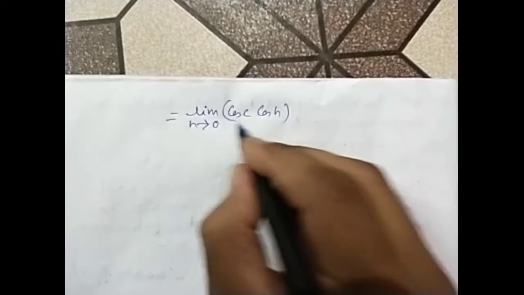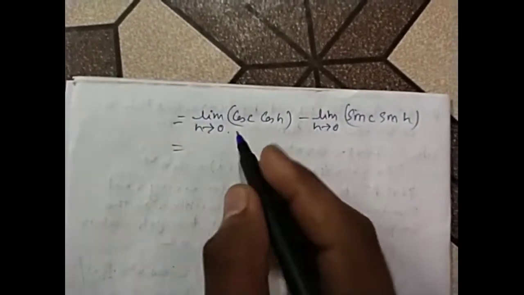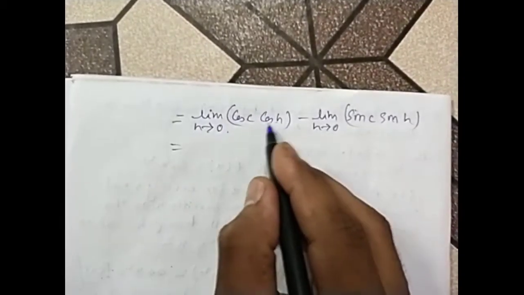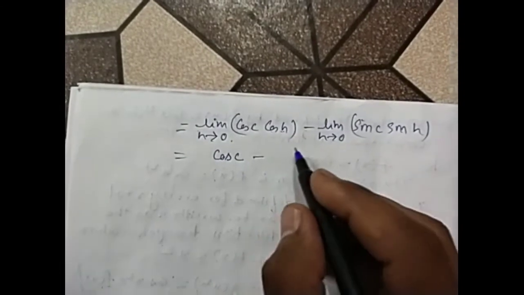Next, equal limit h tends to 0 of cos c cos h minus limit h tends to 0 of sin c sin h. Now put the limit: cos 0 is 1, so you will get cos of c minus, and sin 0 is equal to 0, so you will get 0 only.